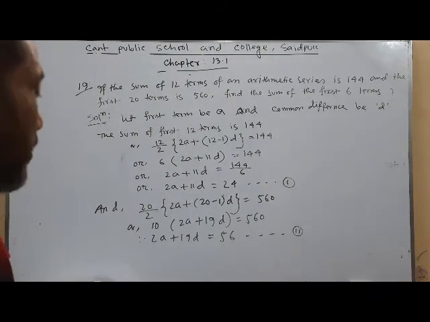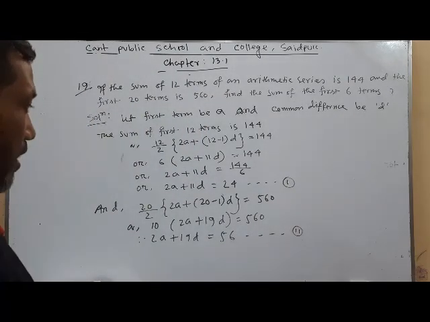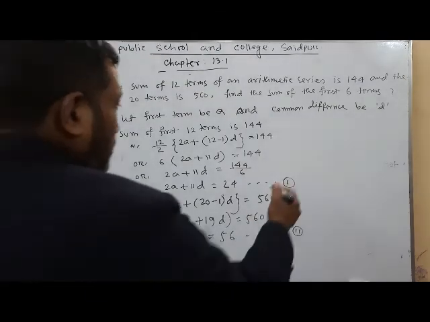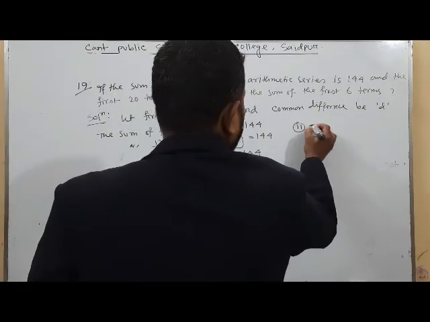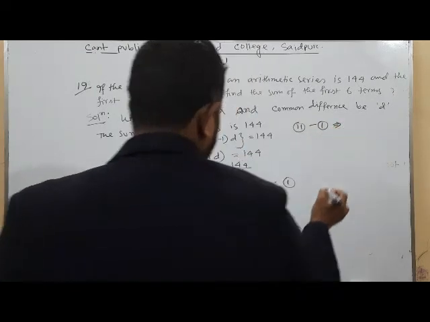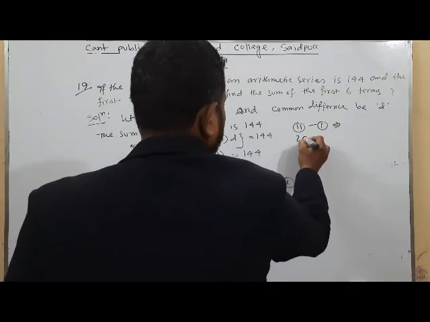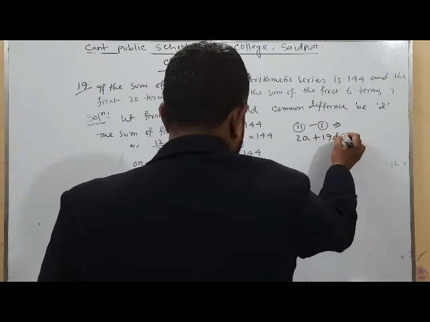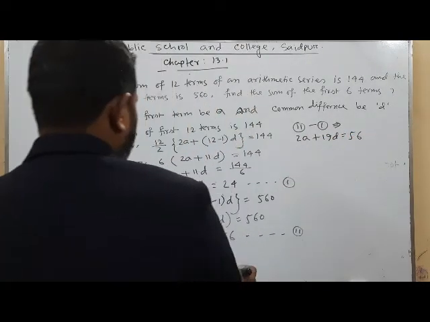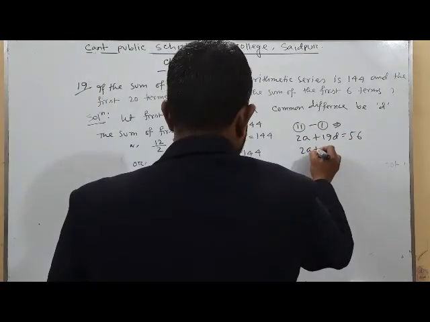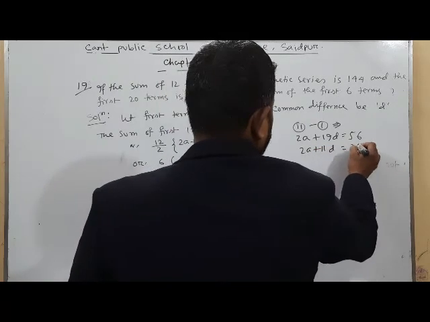We get two equations. Now I will subtract 1 from 2. So 2A plus 19D is equal to 56, minus 2A plus 11D is equal to 24.